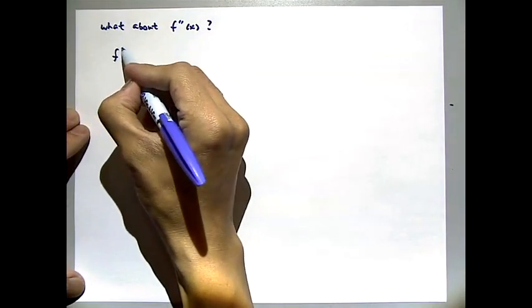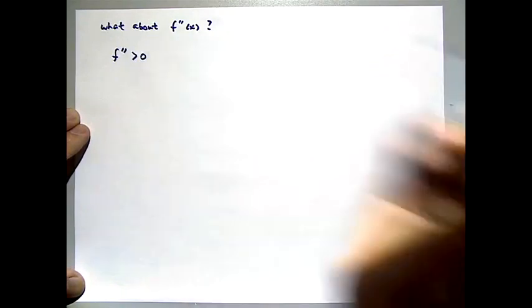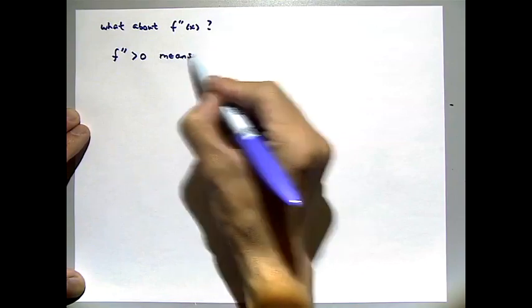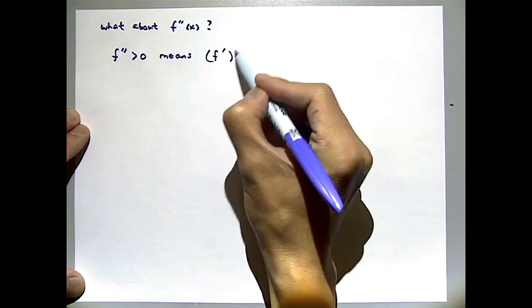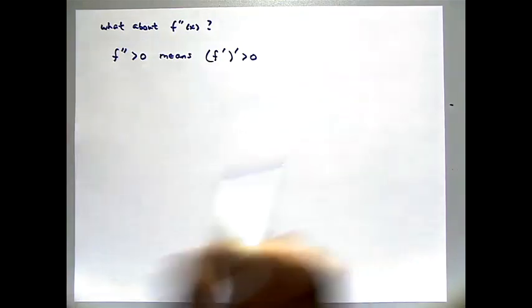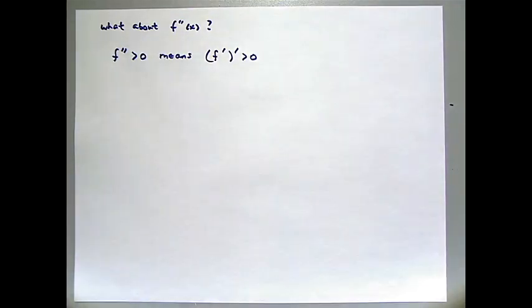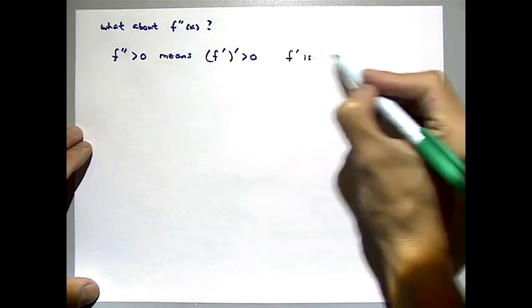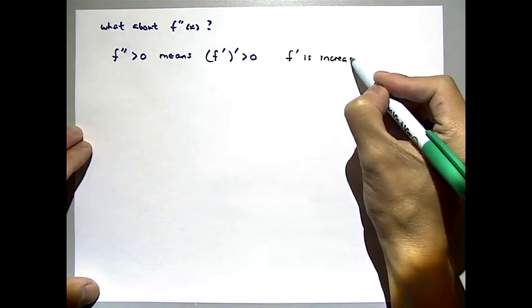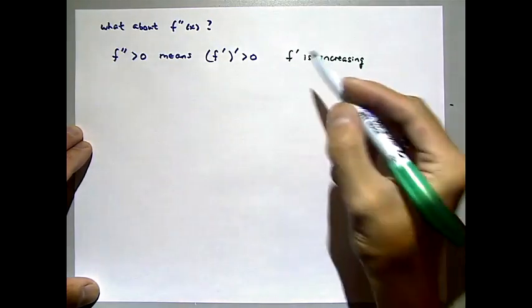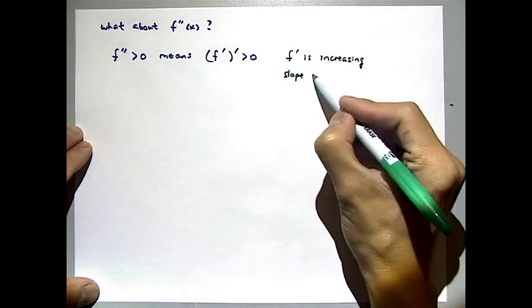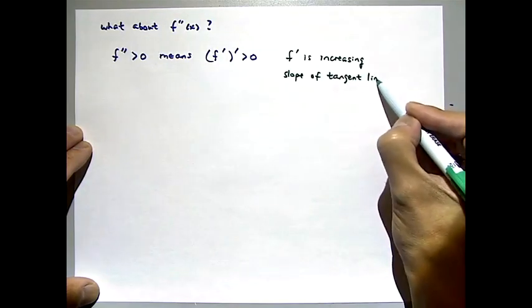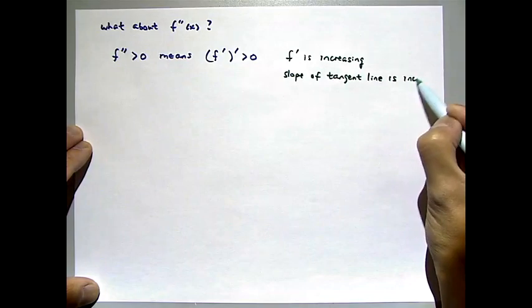If f double prime is positive, then what this means is that f prime is increasing. In other words, the slope of the tangent line is increasing.